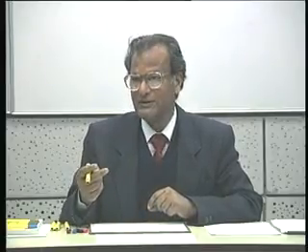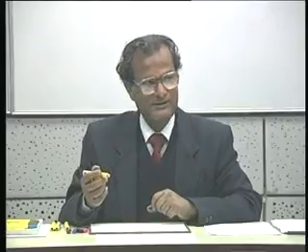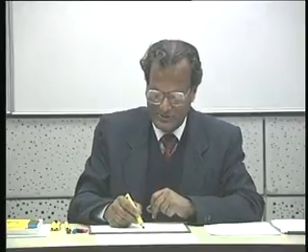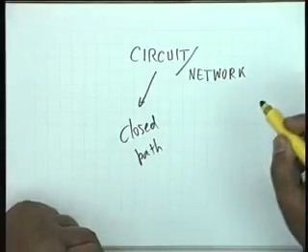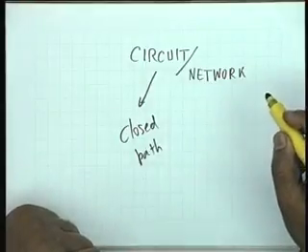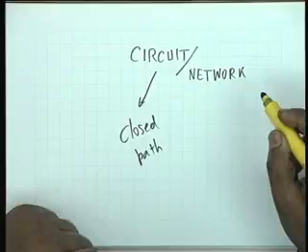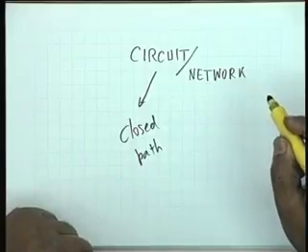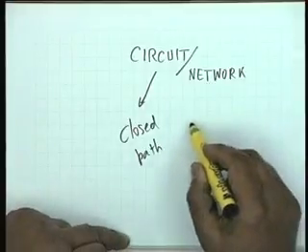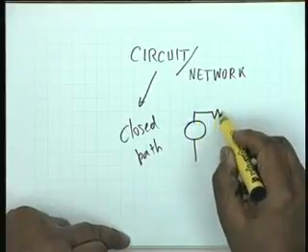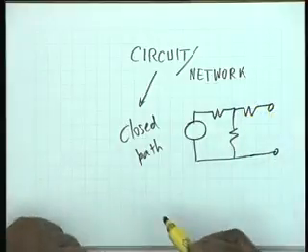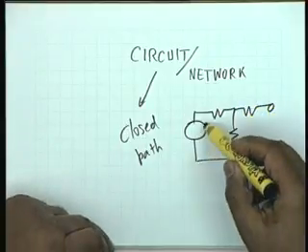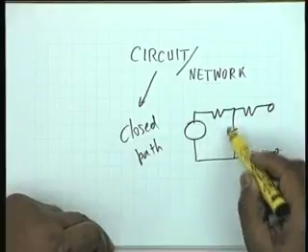Therefore, a network is a more general term. A circuit is a very special term. A circuit is a closed path. A network may consist of closed as well as open paths. For example, if you have a structure like this, then this is a circuit. This path is a circuit.